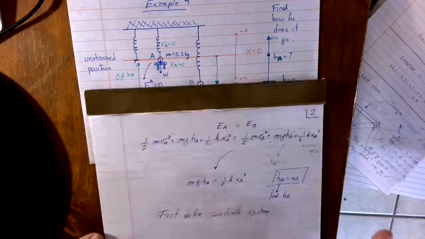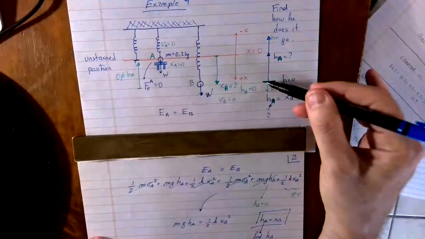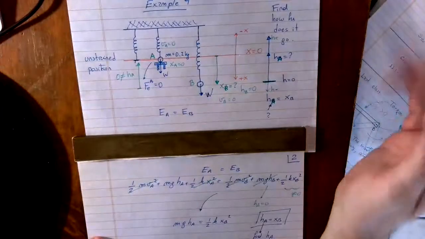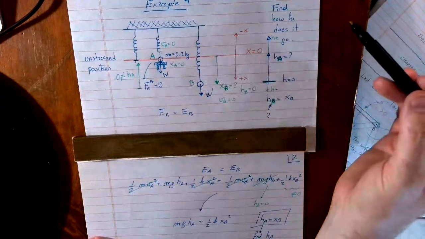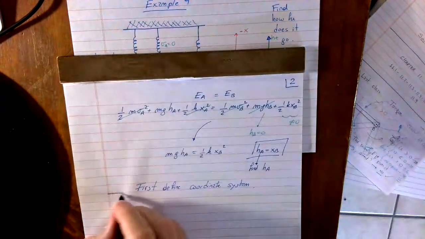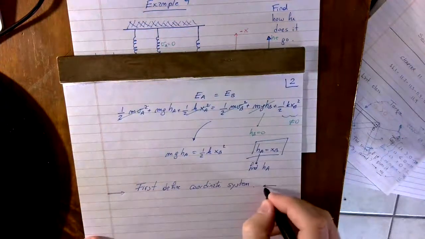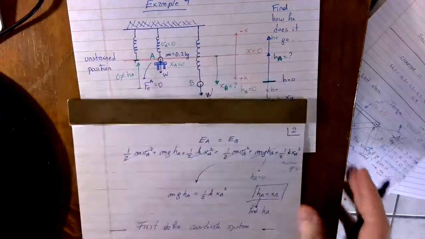When the coordinate system is defined, and that's what we did here, everything should be clear. A and B should be clear. Everything comes from the definition of the coordinate system.